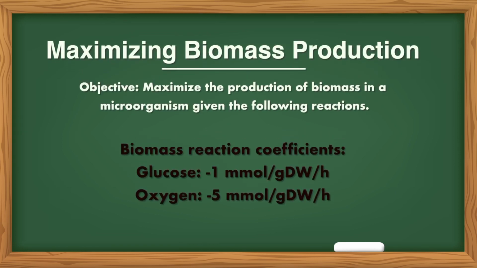Now there are two biomass reaction coefficients here. One is glucose, another is oxygen. In case of glucose, it's negative 1 millimole per gram dry cell weight per hour, whereas in case of oxygen it's negative 5 millimole per gram dry cell weight per hour.